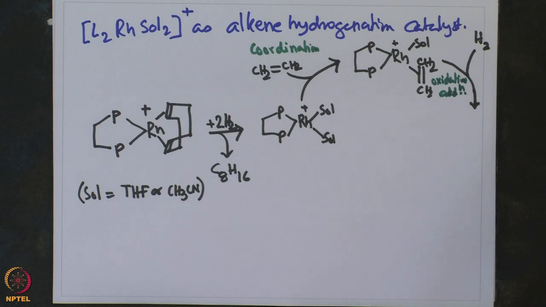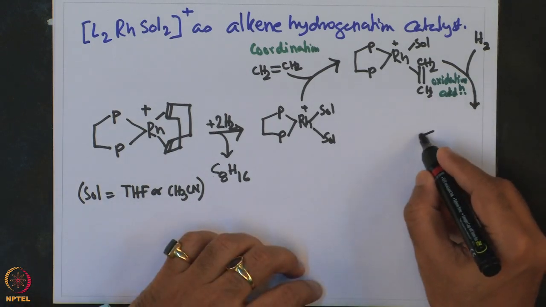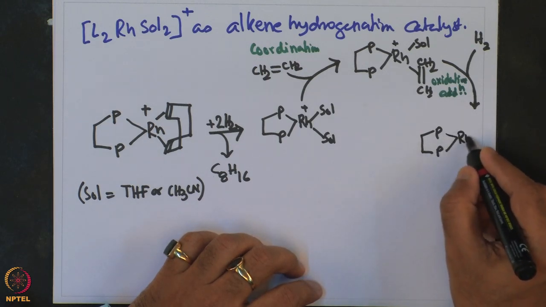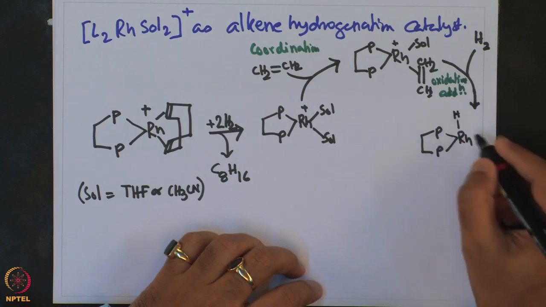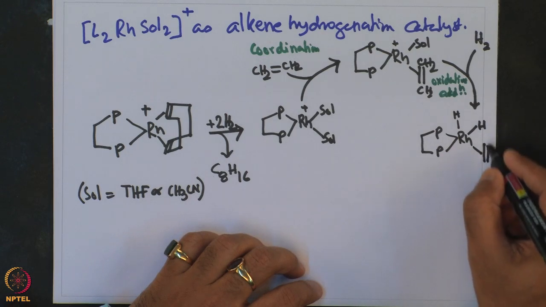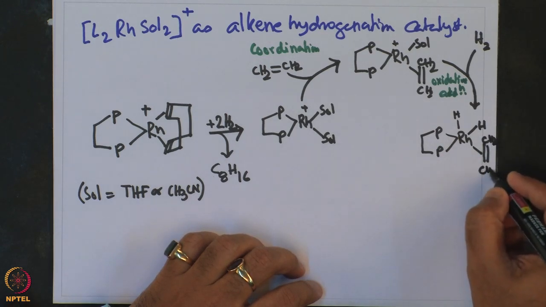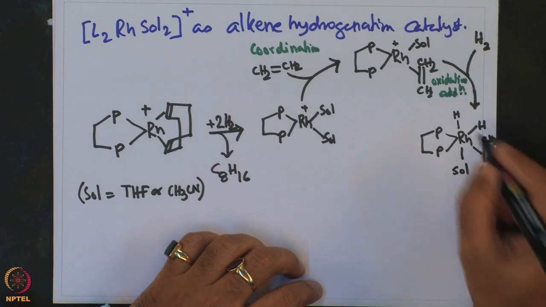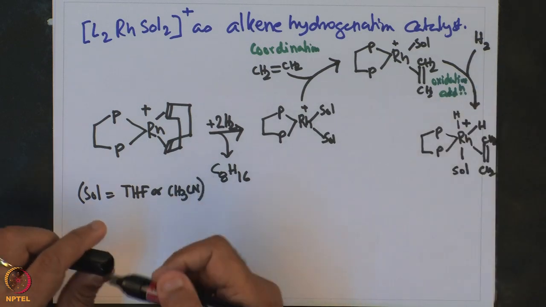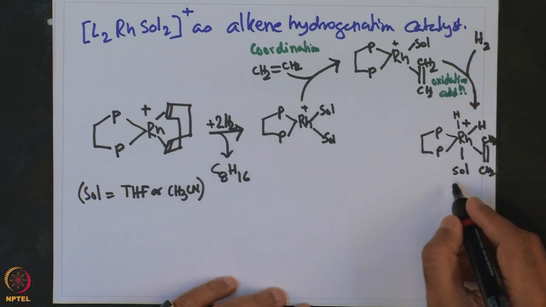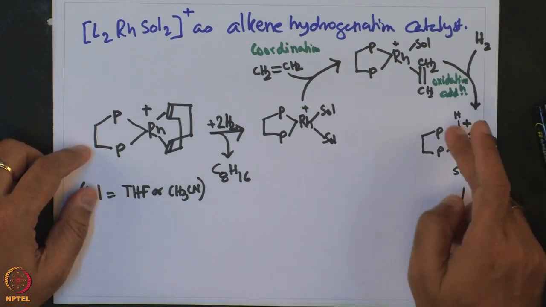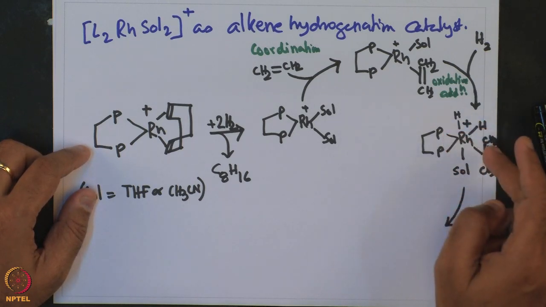It gives this compound, chelating phosphine rhodium hydride, CH2 CH2, solvent, with a cationic charge, followed by the insertion of the olefin in the rhodium hydride complex.